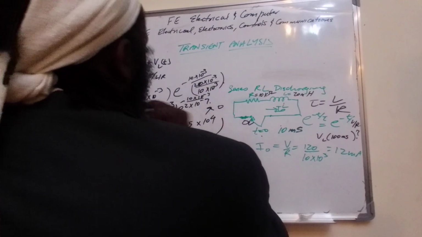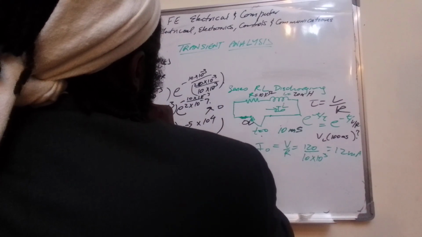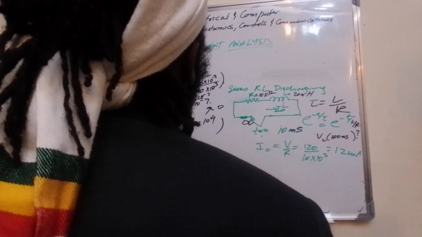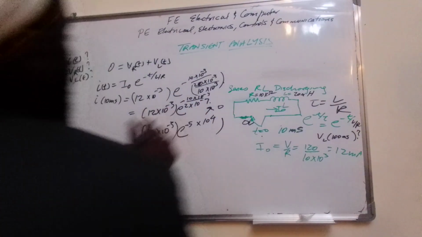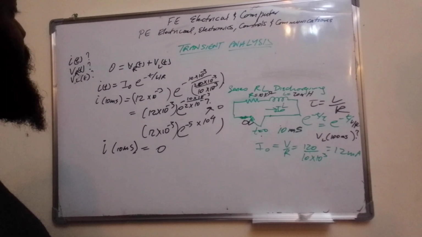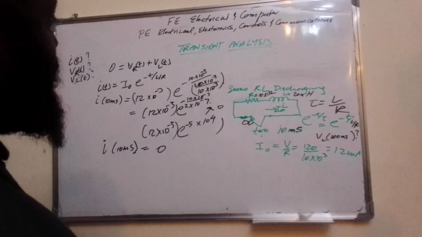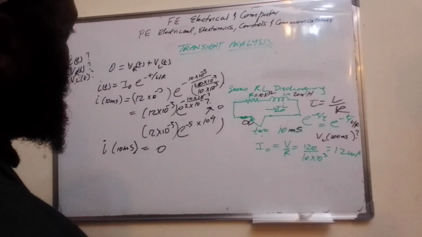L over R. This is going to be L over R. L is correct, because L is 20 millihenries. So that's going to make that 10 to the minus 7.